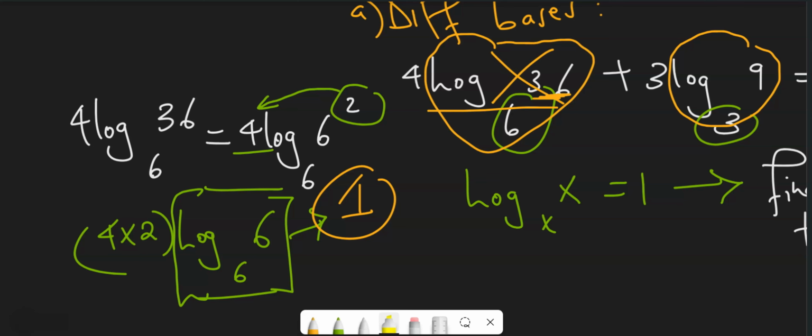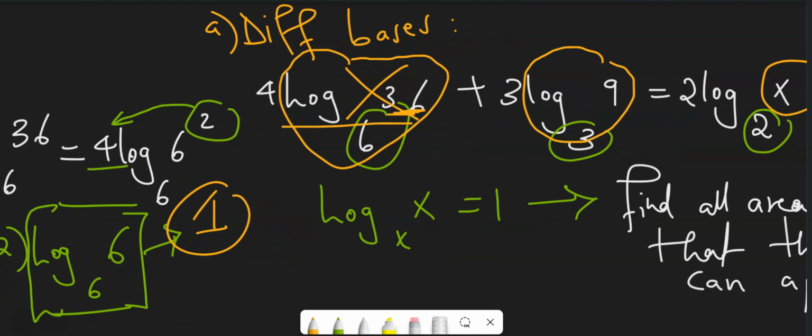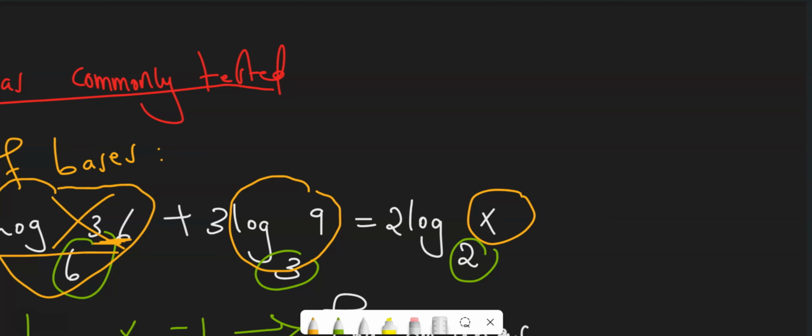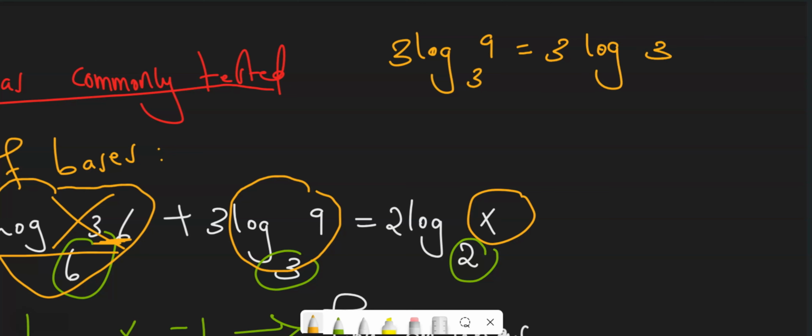So let's go to the other place. Let's come to this part, and let me just solve it here. So 3 log 9 to base 3 can be rewritten as 3 log 3 squared to base 3.